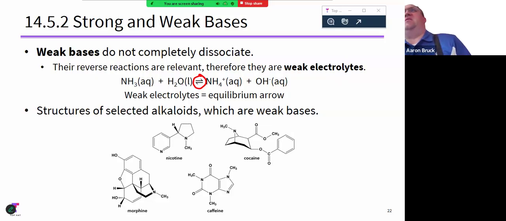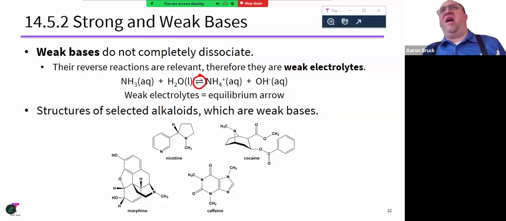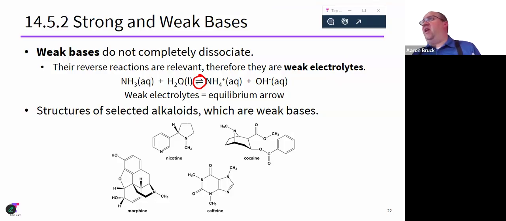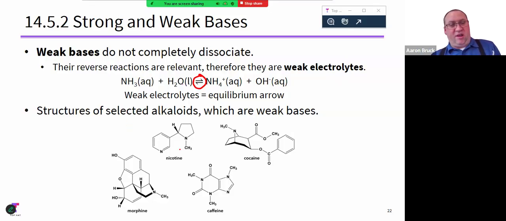So as far as weak bases go, other than ammonia, which is kind of the classical example of a weak base, most weak bases are nitrogenous, nitrogen-containing organic molecules. And probably the most well-known class of those molecules are the alkaloids. All of the alkaloids are weak bases in their own right, and they're weak bases on the basis of this nitrogen. Again, thinking about nitrogen in that Lewis kind of definition, where I've got this lone pair of electrons on the nitrogen.